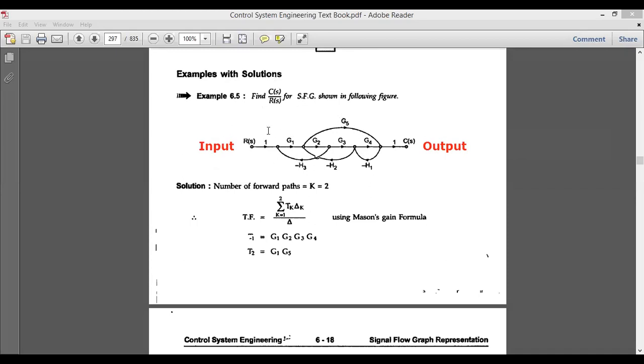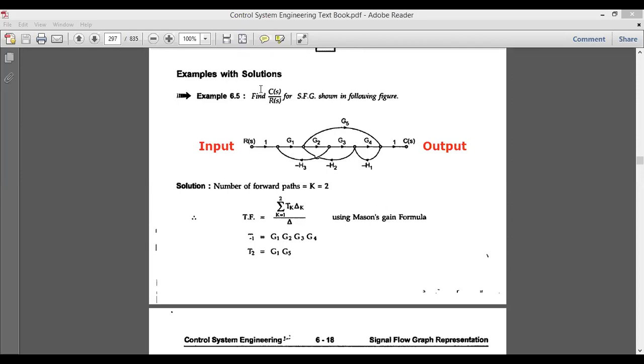Applying all the basic rules and properties of the signal flow graph to find the transfer function, a very important formula here is Mason's gain formula. Mason's gain formula is used to find the overall transfer function for a given signal flow graph.